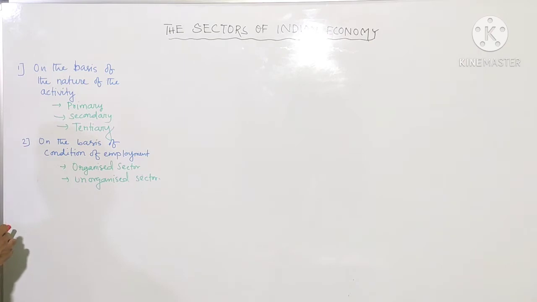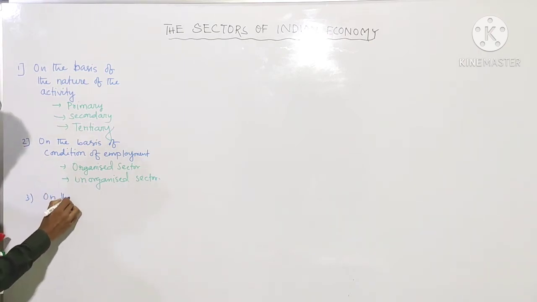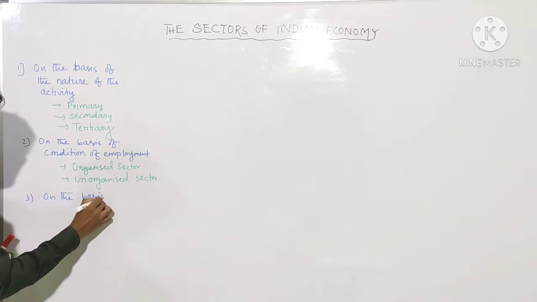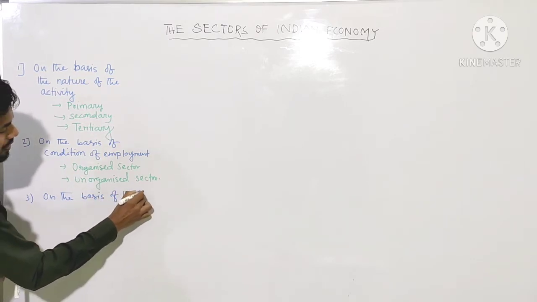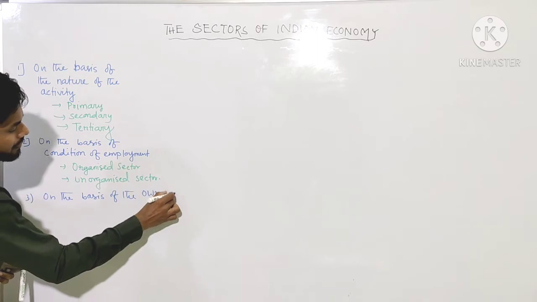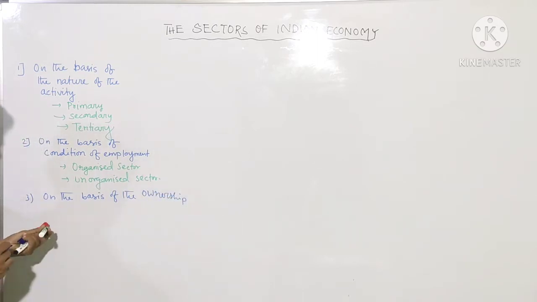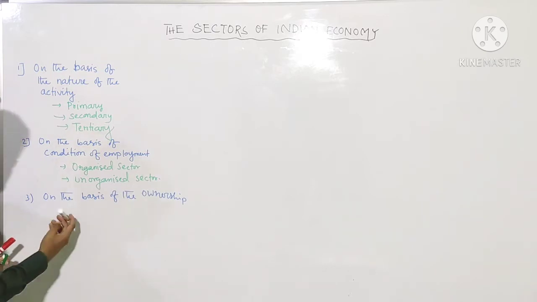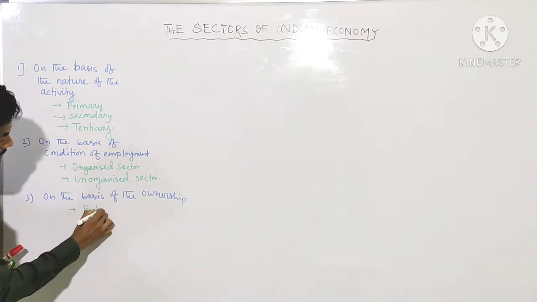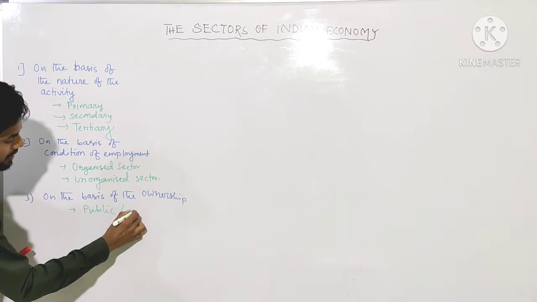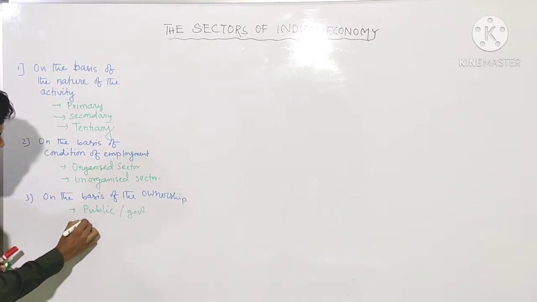And third, on the basis of ownership, economic activity is classified into two categories. First is public, that means government, and second is private.